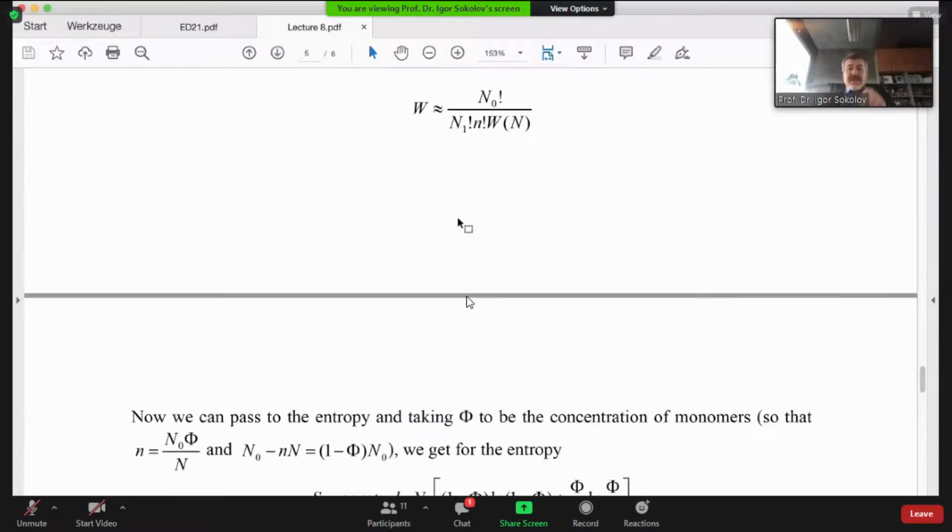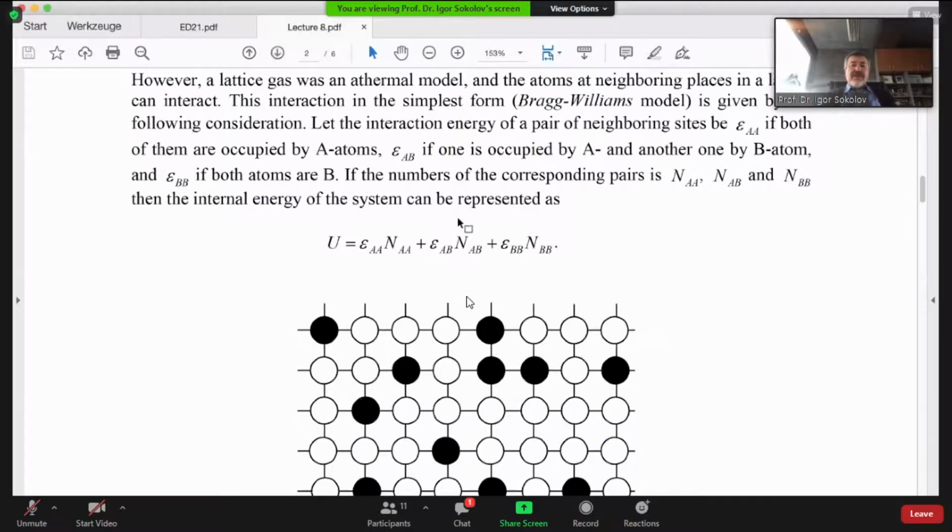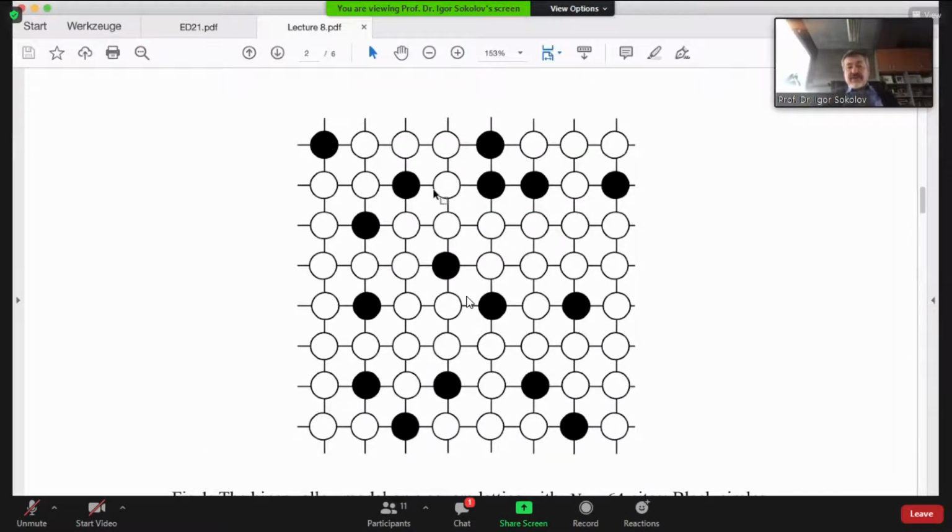Here and also before in the Bragg-Williams, we now take into account the interactions between these two atoms, or between the monomer of a chain and a solvent molecule. This interaction is assumed to be short-ranged, and with this interaction there is some energy of interaction connected. Okay, so it's the energy of the pair interaction. Now I understand. Thank you very much.